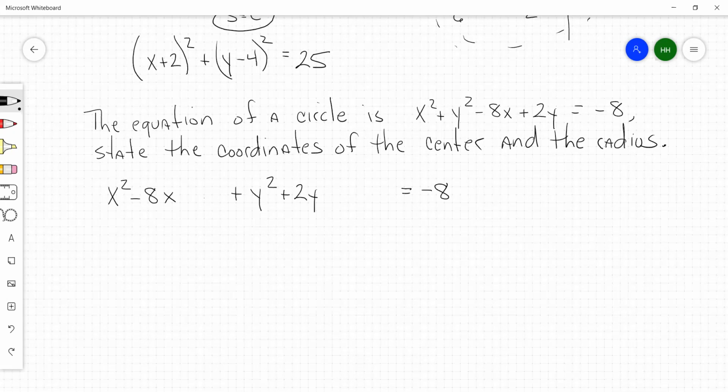What's 4 squared? Good. So we go plus 16, and we go plus 16. We take half of 2 squared. So we add 1, and we add 1.